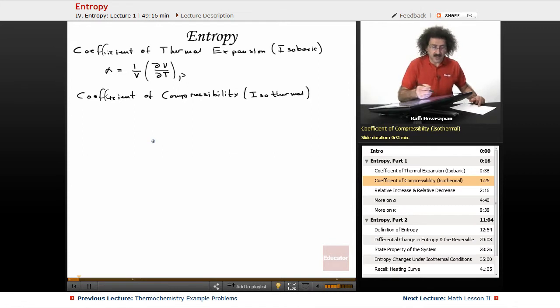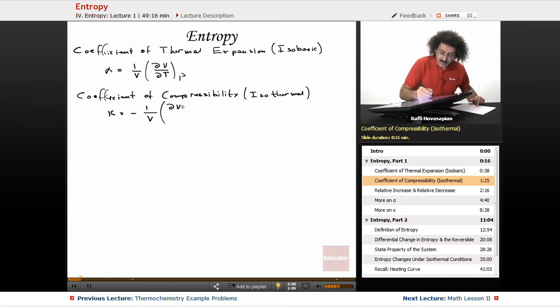It doesn't really matter. So coefficient of thermal expansion, coefficient of compressibility. And this one we designate with the Greek letter kappa. Kappa, and it is equal to 1 over V, the partial derivative of the volume with respect to a change in pressure under conditions of constant temperature.